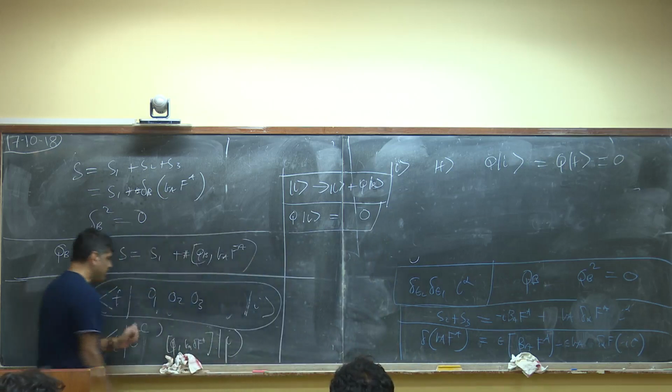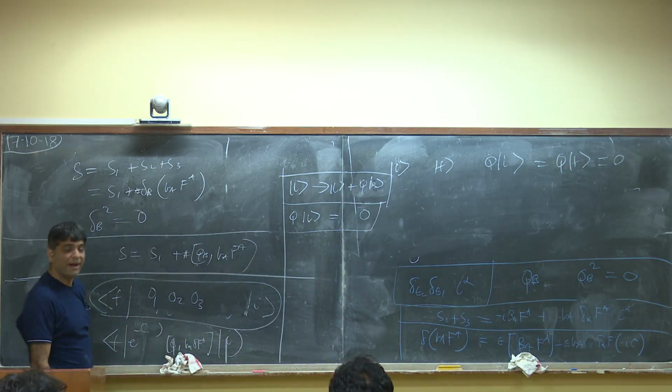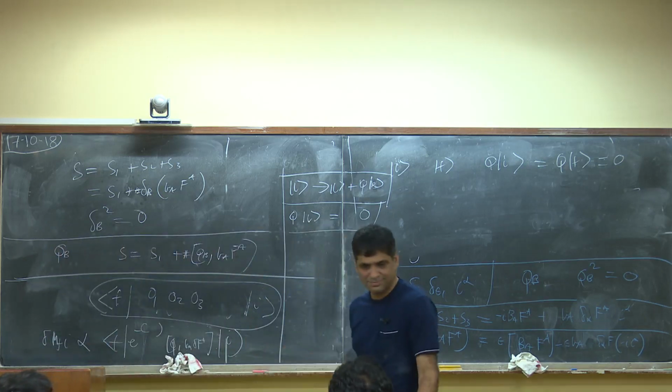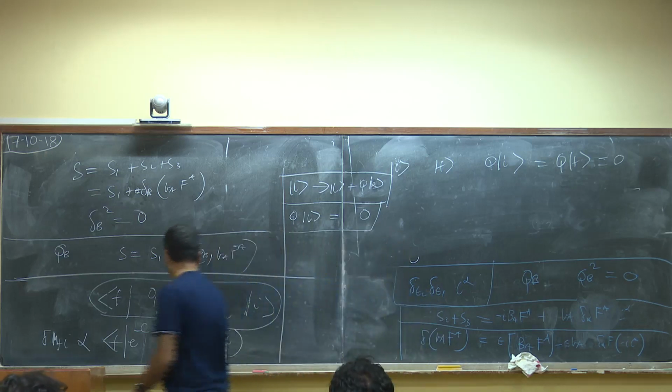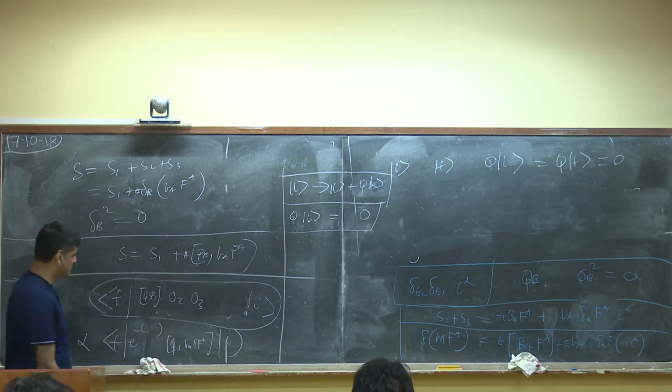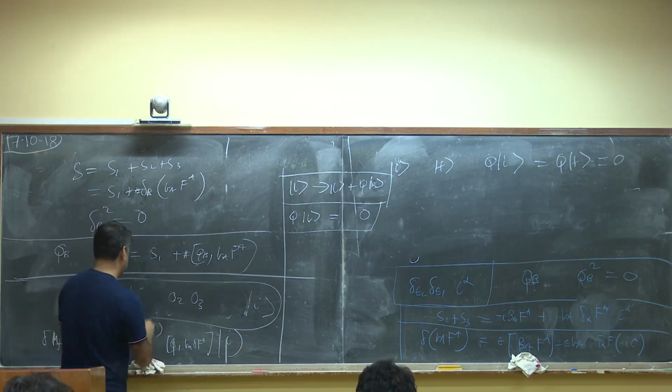Moreover, suppose I take O and replace O by O plus the commutator of Q with something. Let's say I take O1 and replace it by O1 plus the commutator of Q_BRST with phi 1. Well, let me do it for O2, just so you don't think I'm choosing a special guy.